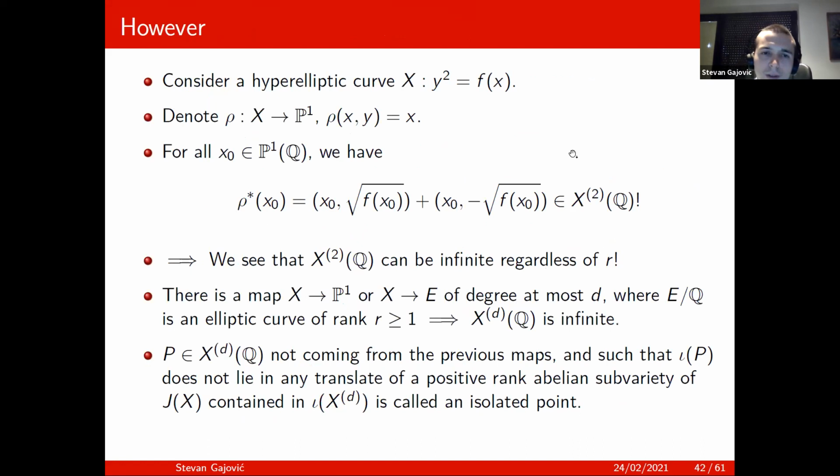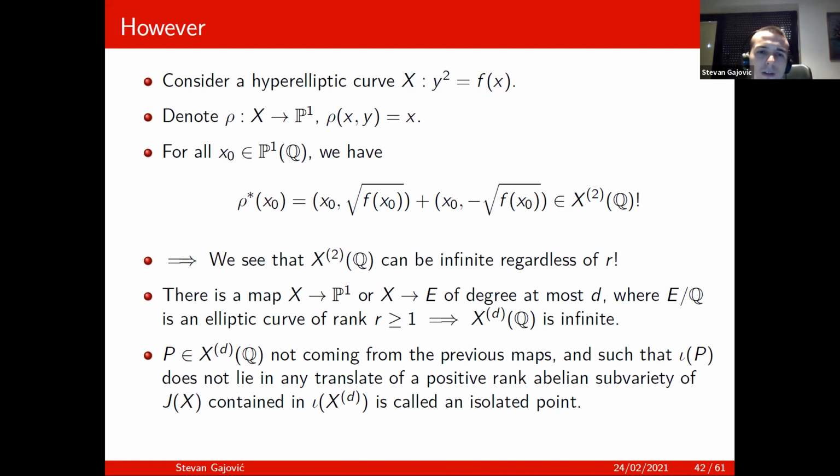However, maybe we can notice that in this case, we don't have finiteness all the time. If we consider any hyperelliptic curve, then for any rational number x_0 we consider the divisor consisting of the point (x_0, square root of f(x_0)) and its conjugate. This is fixed by the Galois group of Q, and hence this is always a quadratic point. So hyperelliptic curves will always have infinitely many quadratic points.